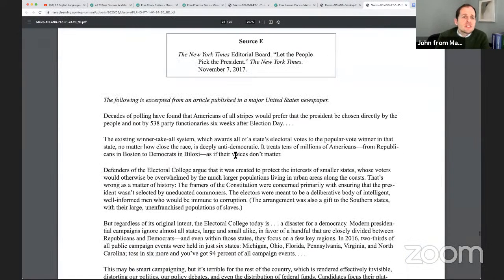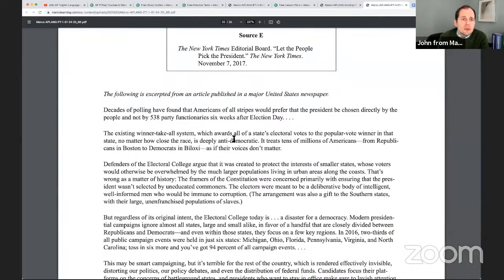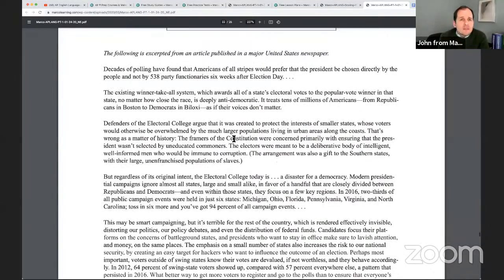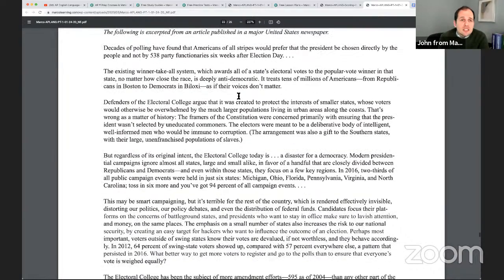Okay, the following is excerpted from an article published in a major United States newspaper. Decades of polling have found that Americans of all stripes prefer the president be chosen, blah, blah, blah. Defenders argue it was created to protect smaller states. Okay, that's wrong as a matter of history. Oh, right, this is an interesting point. The framers of the Constitution didn't really believe all the way in democracy, and they didn't trust us, the unwashed masses of American voters, to pick the right person.